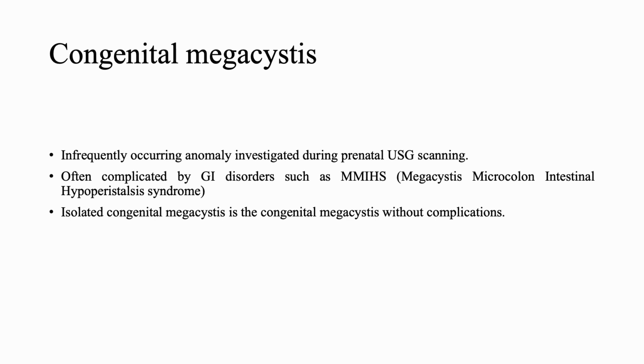The next one is congenital megacystis. Congenital megacystis is an infrequently occurring anomaly investigated during prenatal ultrasonography scanning, right? We can diagnose it during the intrauterine life of the fetus, in the prenatal USG scan. It may be complicated by association with GI disorders such as MMIHS, that is megacystis microcolon intestinal hypoperistalsis syndrome.